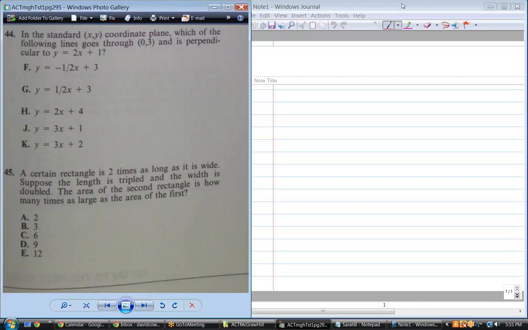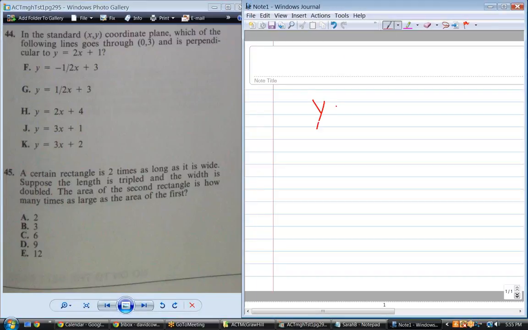The slope of this line is 2, so the perpendicular slope is the negative reciprocal. So the slope of the perpendicular is negative 1/2. That makes it easy. What's the answer?